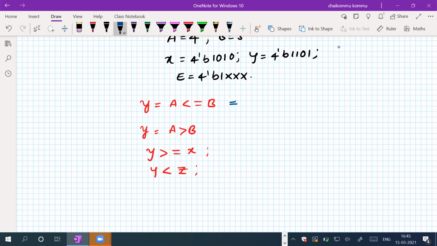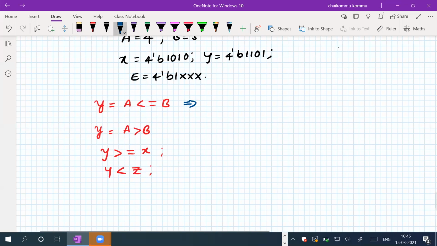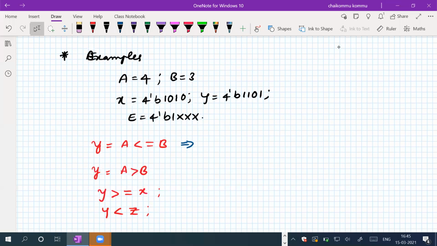A is less than or equal to B, so the comparison can be performed, based on the values. What is the value of A? A is equal to 4. Is it less than or equal to 3? That is what it compares. Is it true or false?